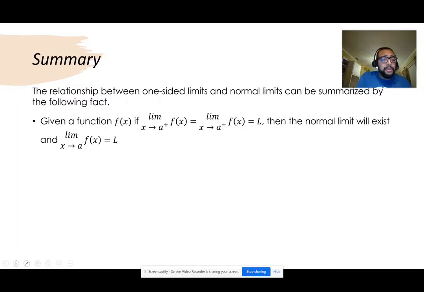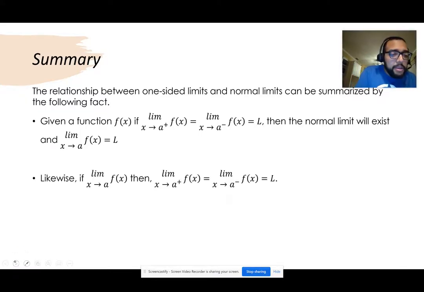Now, a big little summary. This is if you want a very precise mathematical definition. Given a function f of x, if the limit as x approaches a from the right equals the limit as x approaches a from the left, then the normal limit will exist. If those are both the same number, then the limit exists.